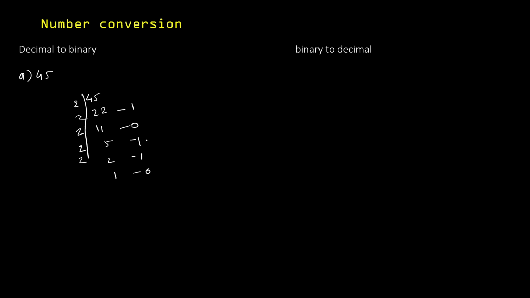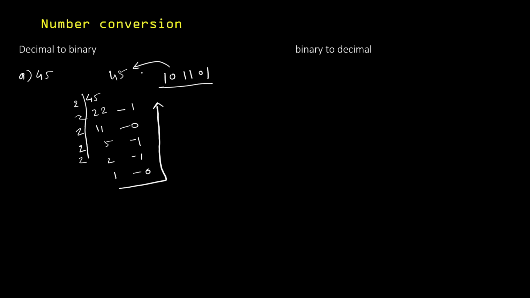When we get all these remainders, we read them from the bottom to the top. So let's write this number: 1 0 1 1 0 1. This is our binary number for our decimal number 45.